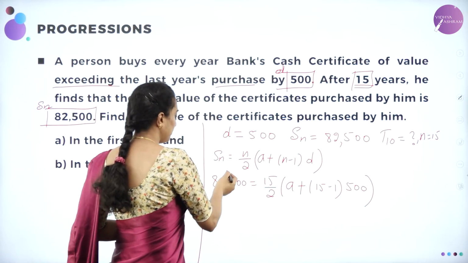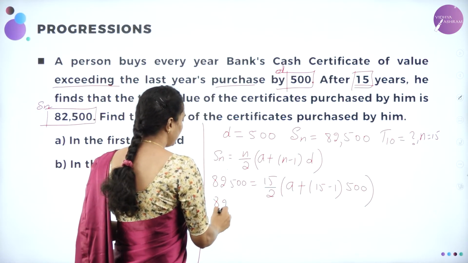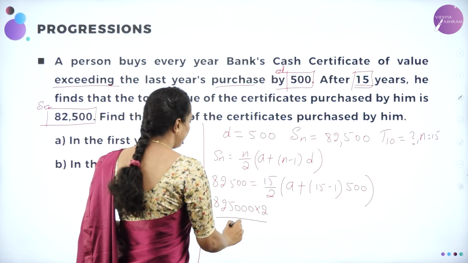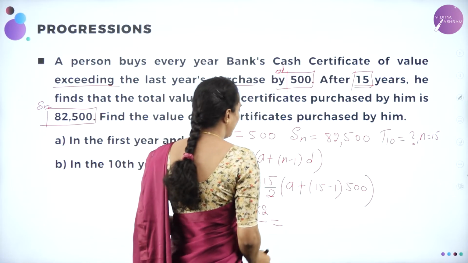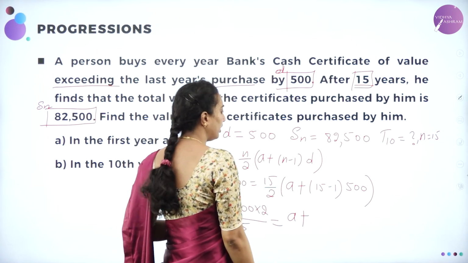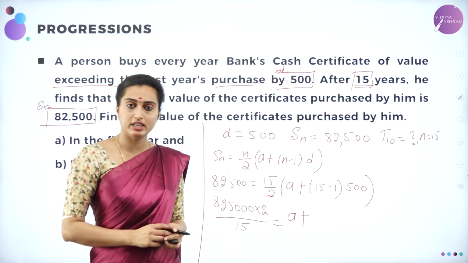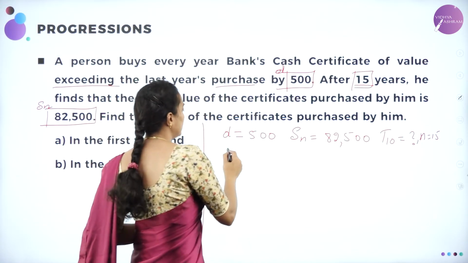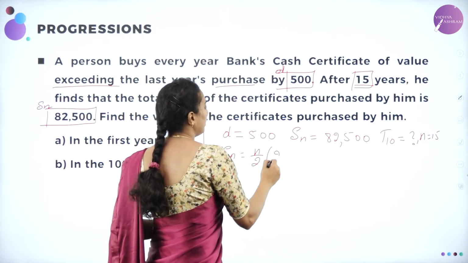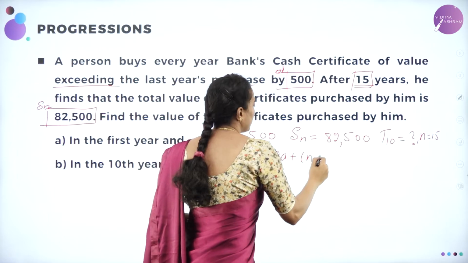Now by cross multiplying here, 82,500 into 2 divided by 15 implies 2A plus 15 minus 1 is 14, 14 into 500.